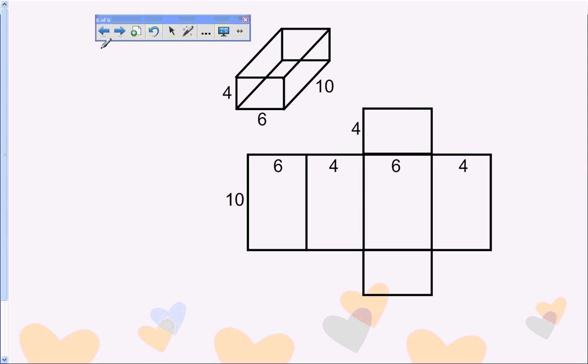And now the last one. The last one is a rectangular prism. And hopefully you see how we can shortcut this like we did on the last one. We're going to treat this like one giant rectangle again.